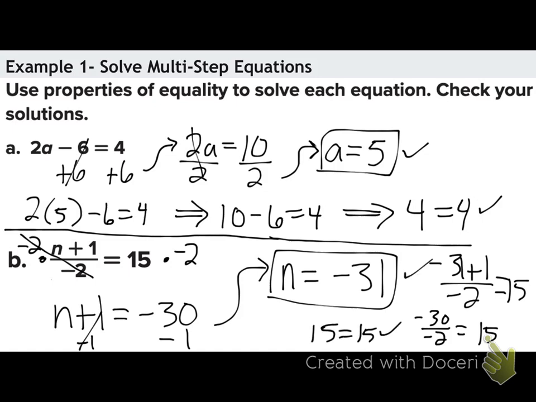I know my answer checks out. Any questions on example 1, A or B? After 2 examples, how do we feel about multi-step equations so far? Okay, some of us are not great, but okay. Okay, can I move on?